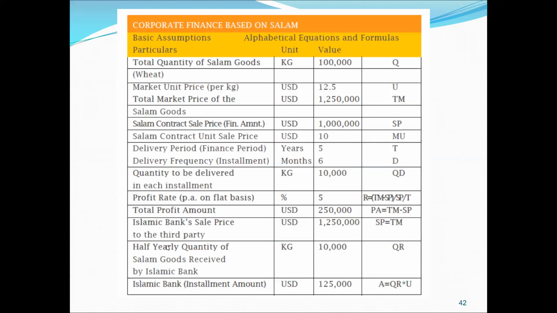So the half-year quantity of salam goods received is 10,000, and for this 10,000, the Islamic bank will receive $125,000. So the cost will be 100,000, and the profit will be 25,000 for the first 6 months. For the second 6 months, he will again have 25,000.